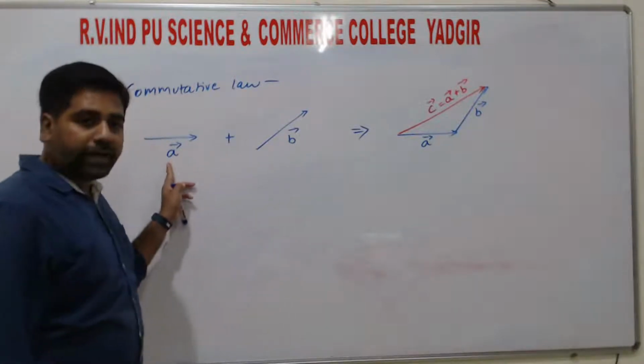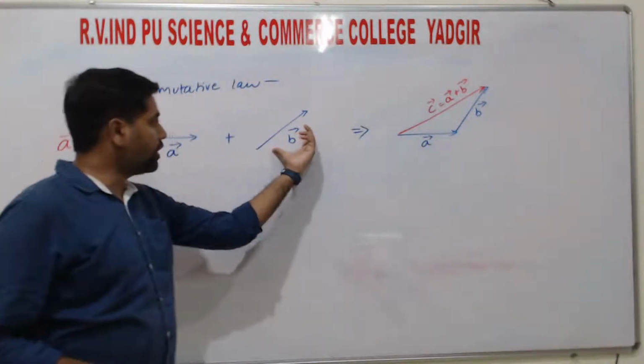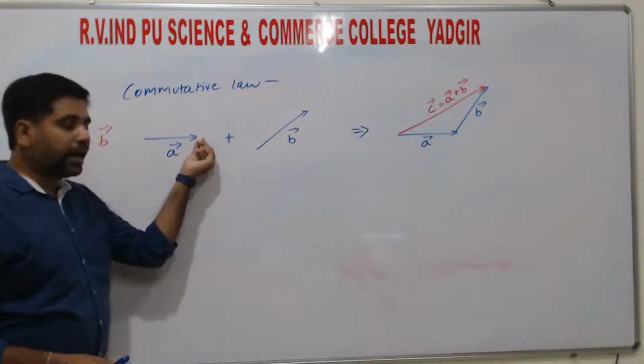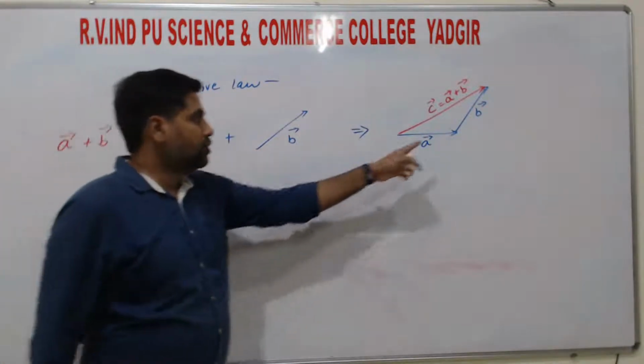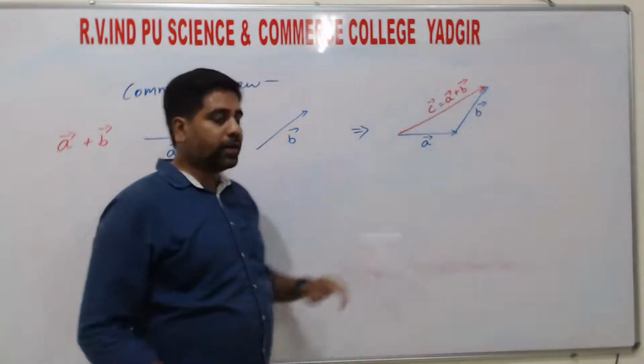First, I will take this one here as it is. Then I will join the vector B, that is, the tail end of vector B is joined with the head end of the vector A. So observe here. Then we get the resultant C is equal to A plus B.